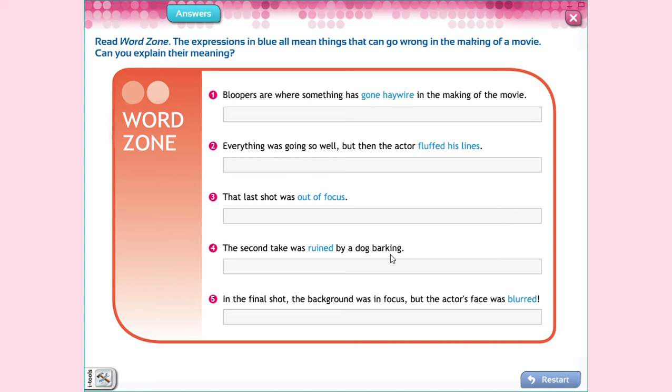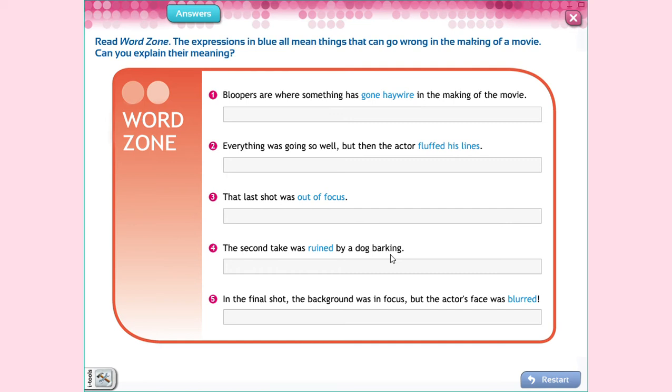Number 3, that last shot was out of focus. Out of focus, what does this mean in this case? Number 4, the second take was ruined by a dog barking. Ruined means what? Number 5. In the final shot, the background was in focus, but the actor's face was blurred.